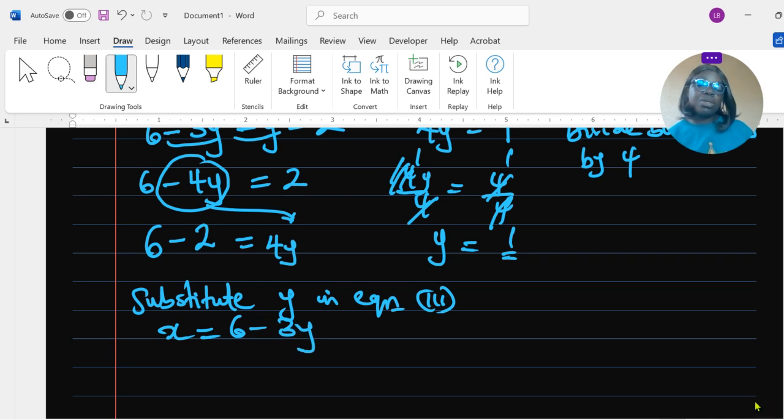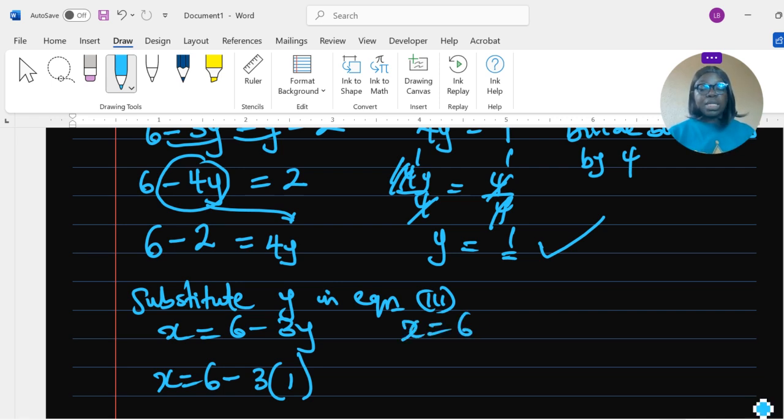That is, wherever you see y in equation 3, replace it with 1, because we've gotten the value of y as 1. So x is equal to 6 minus 3 into bracket 1. Instead of writing y again, I have replaced it with 1. So x is equal to 6 minus 3 times 1, that is 6 minus 3, which is 3. So the value of x here is 3.